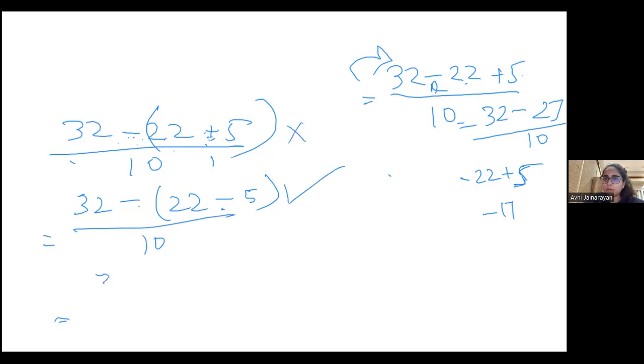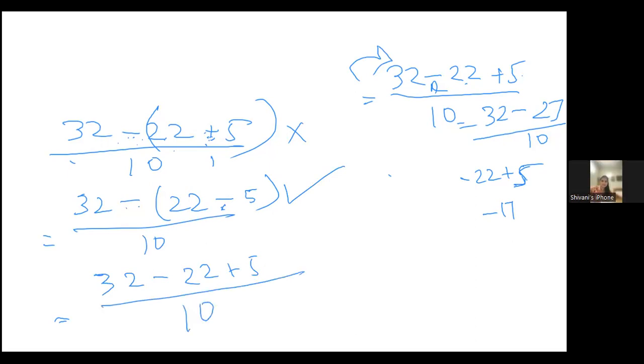It's going to be 32 minus 22 and plus 5 because minus into minus plus hota hai, right? We remember this. So by 10. So now aapko samajh mein answer kitna galat aa raha hai. So if your child does minus 22 plus 5 and if he's giving the answer as minus 17, very good. But if he gives the answer as 27, 22 को plus 5 से किया, तो he forgot कि इसके पहले तो minus sign था.